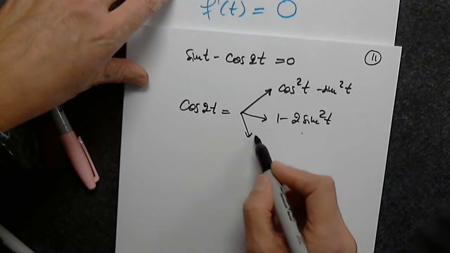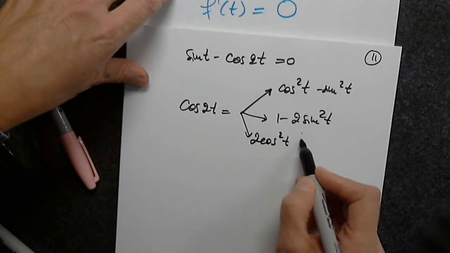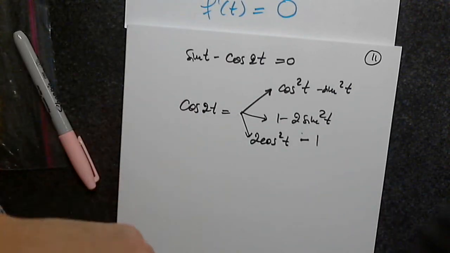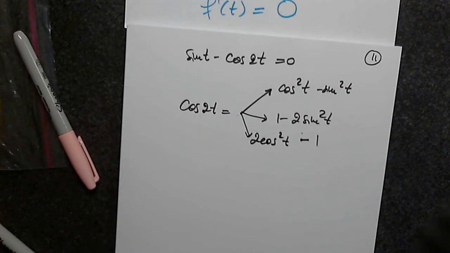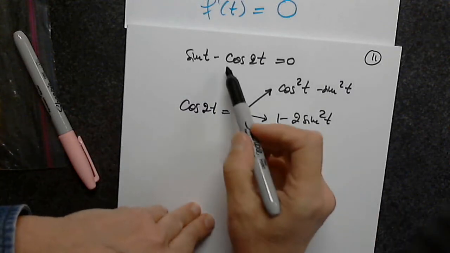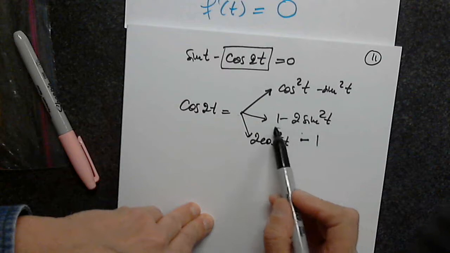And here's the third one: 2 cosine squared t minus 1. I only need one. It should be in the front cover, the trig identities. I don't need the one with cosine and sine, and I don't need the one with cosine. Obviously, I need only the one with sine. So I am going to replace this by this.